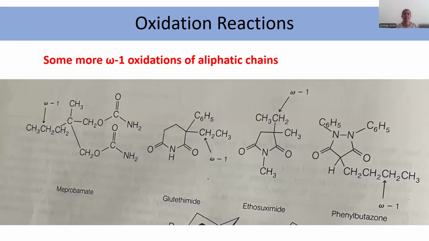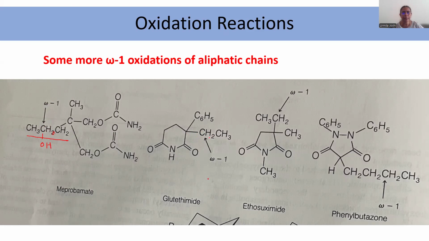Here are examples of some more omega -1 oxidations. This one is meprobamate. There is a side chain, and in this side chain, omega -1 oxidation occurs. This is the omega -1 carbon. This is then oxidized to CHOH.